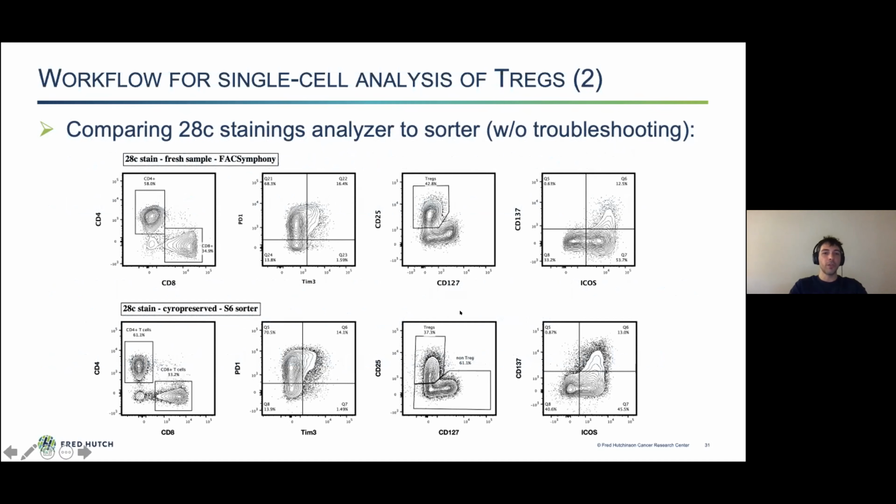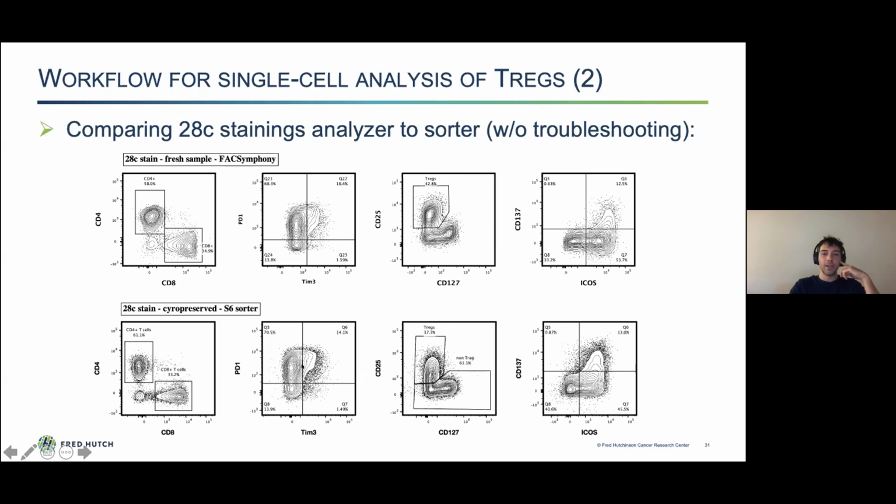I'm showing you here an example where over here is a fresh sample that I stained with my standard T-cell panel on the FACS Symphony. You can see the CD4, CD8s, high expression of PD1, some TIM3, the Tregs, and on the Tregs expression of ICOS and CD137. And this is the very same donor, but after cryopreservation and run on the S6 sorter with, for the most part, the same panel.